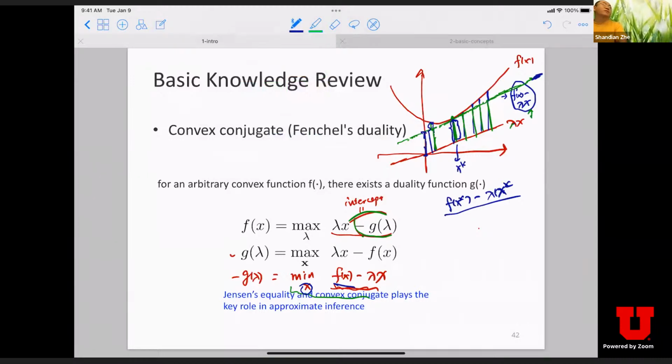Does it make sense? That's why we claim that when you solve this minimization problem, you get minus g of lambda. This minus g of lambda is exactly the intercept when you use lambda as the slope of the tangent line.